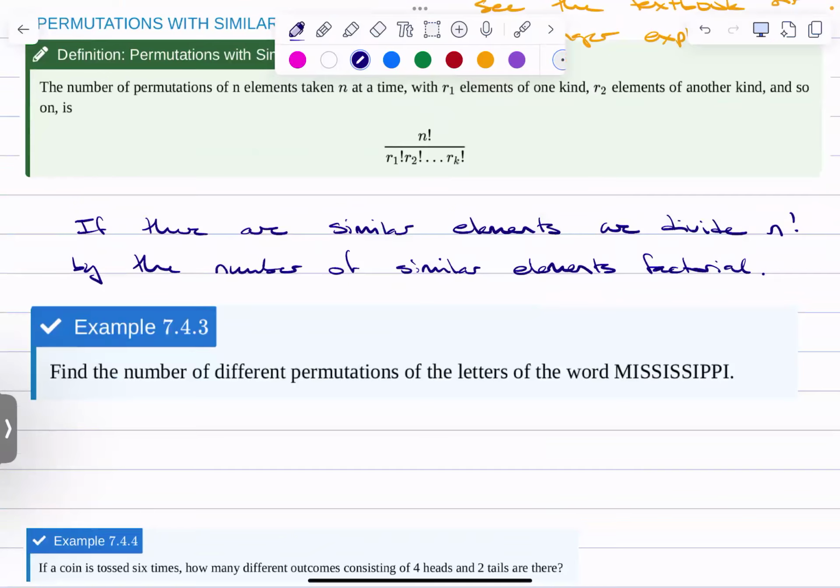So when we talked about the permutations of the word article, we had some restrictions, but there was only one of each letter.